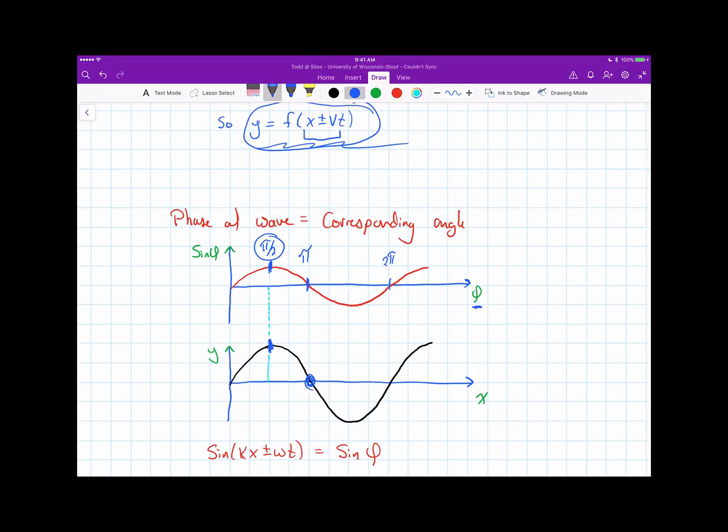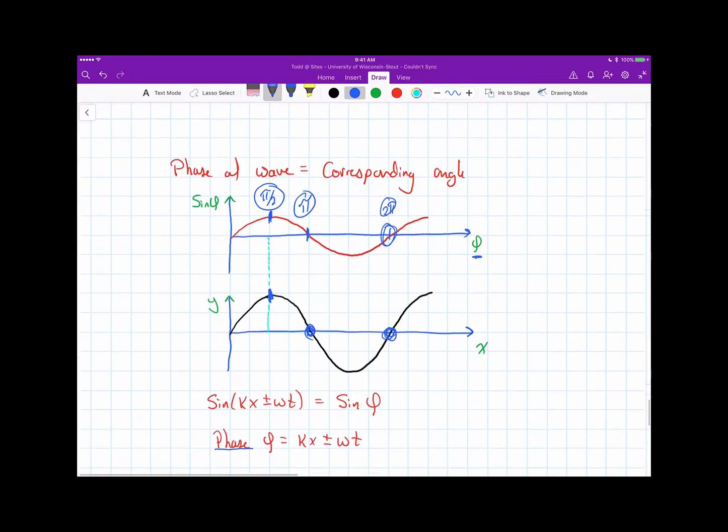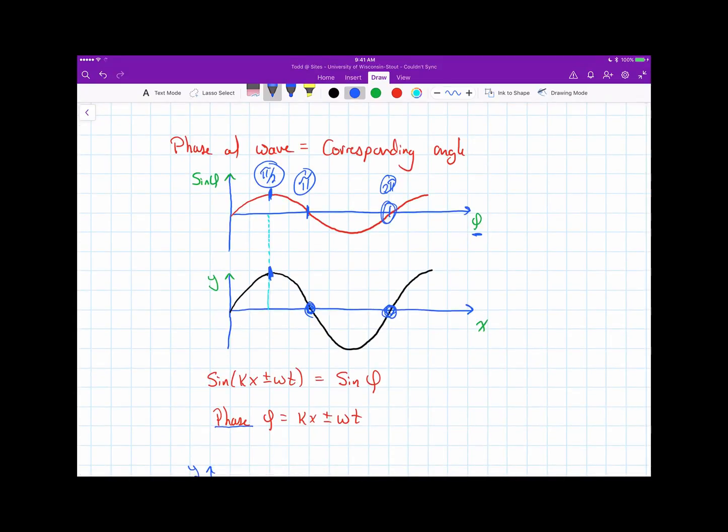This point on the wave corresponds to pi. This point here would correspond to 2 pi, and so on. And so when we talk about the phase of the wave, essentially what we're doing is we're relating the location on the wave itself to an angle. Now these aren't angles in a physical sense, but they still are a relationship due to the nature of the sine and the cosine. So essentially then the phase, phi, is given by our argument. In other words, phi is just kx plus or minus omega t.